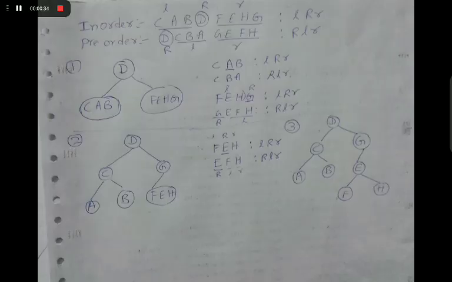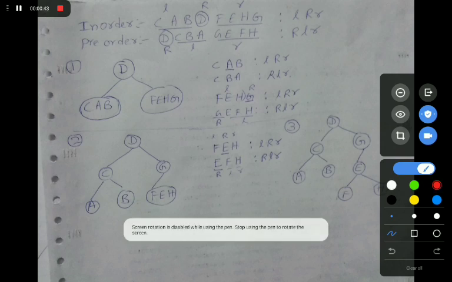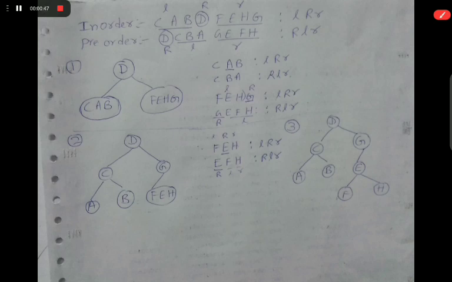So here I have drawn the picture. First the in-order traversal. So here are given the in-order and pre-order traversals. Right. So we know that in-order traversal is left, root and right, and pre-order is root, left and right. So based on the given sequence, we are going to divide the left subtree, right subtree and root.